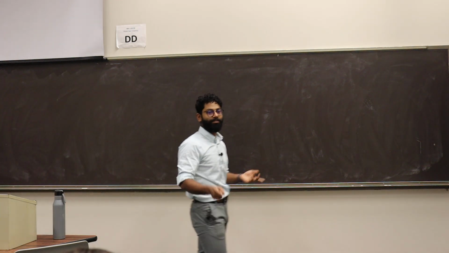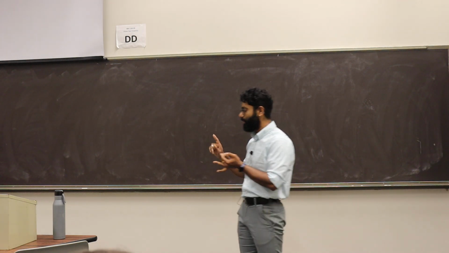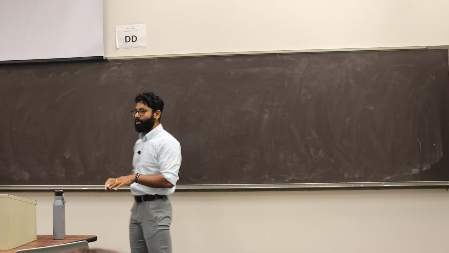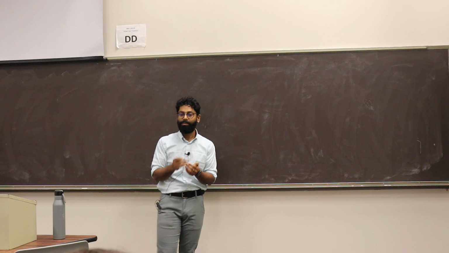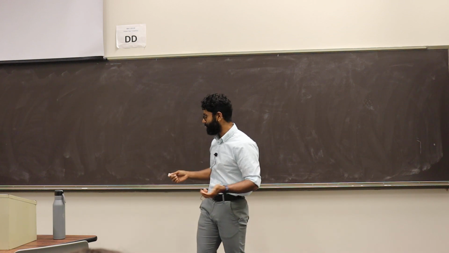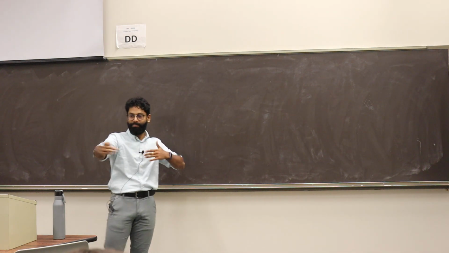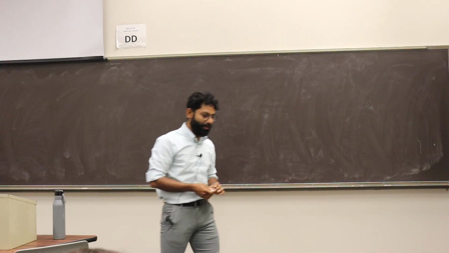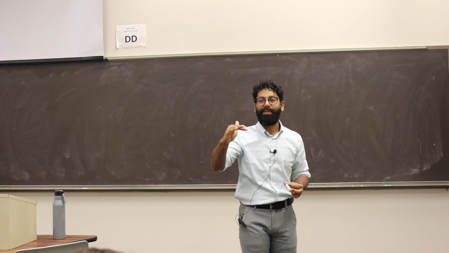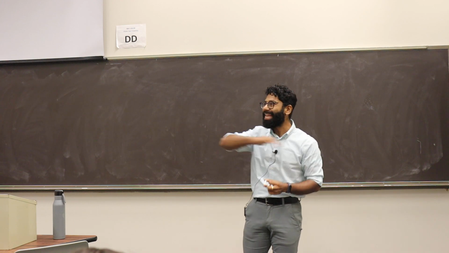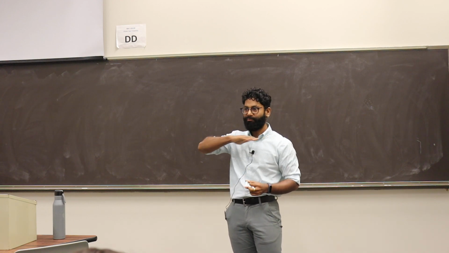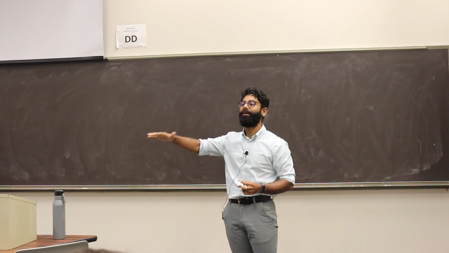The principal quantum number, the azimuthal quantum number. The principal quantum number tells you about the size. The more you go, the bigger it becomes. So if you have a 5th period, all elements in the 5th period will have the principal quantum number of 5.